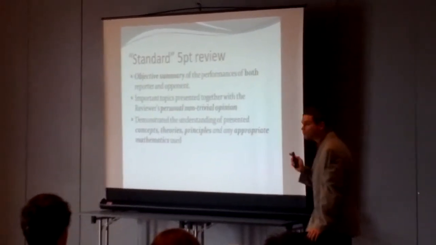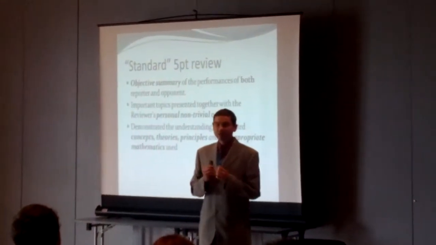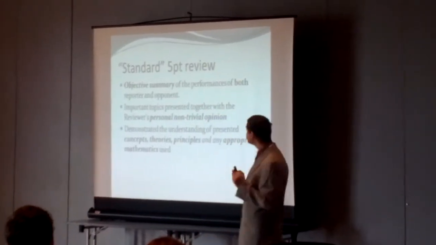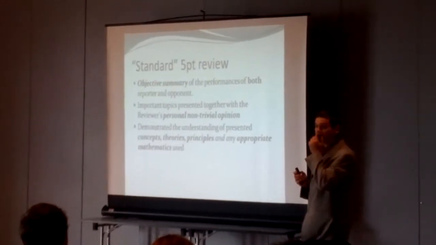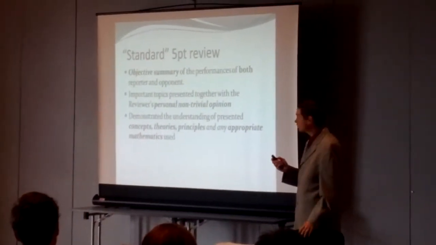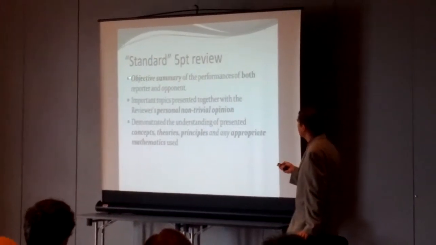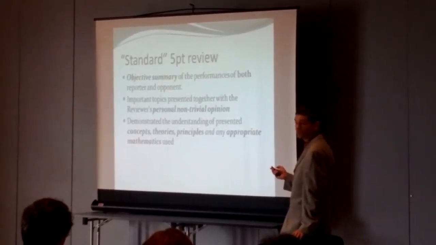Review. Most of the jurors, especially less experienced jurors, have a big problem in fair judging of the review. So think about that the review has to be full of information and not just empty words. So again, citing from the guidelines, it should give an objective summary of the performances of both the reporter and opponent.